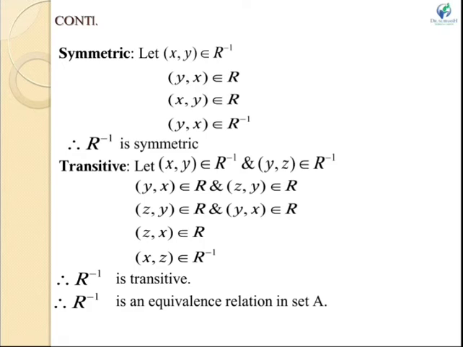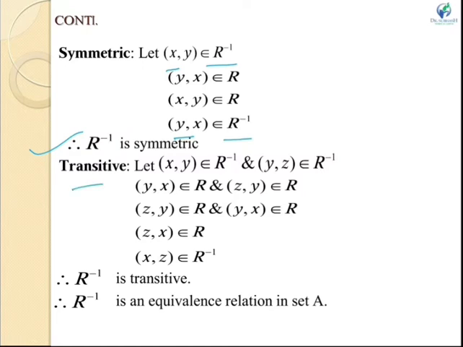Now next is symmetric. (x,y) belongs to R inverse, which implies what? (y,x) belongs to R. And if (y,x) belongs to R, you can say (x,y) belongs to R inverse. Ultimately, what has happened? Here (x,y) belongs to R inverse and (y,x) also belongs to R inverse. So you can say that R inverse is symmetric.